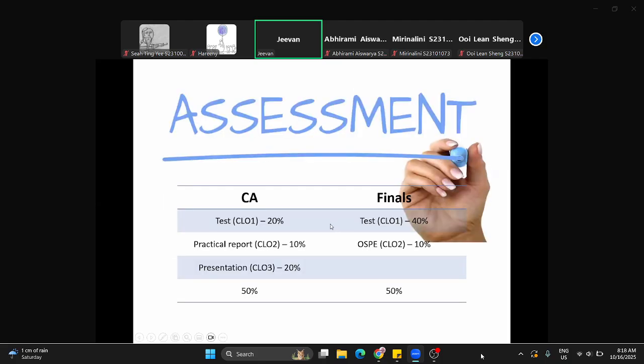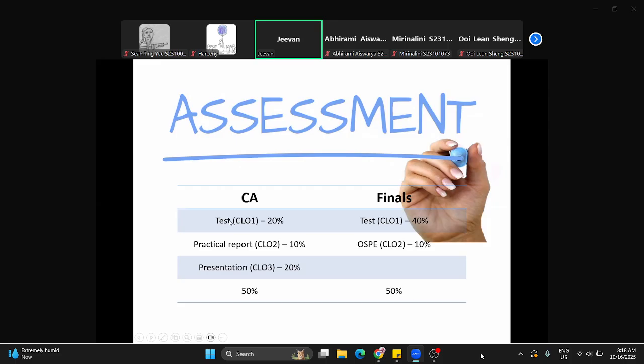Okay, so following on, for your mode of assessment, you can see that it comprises continuous assessment and the finals. Your continuous assessment carries a total of 50% of the marks and the final another 50%.